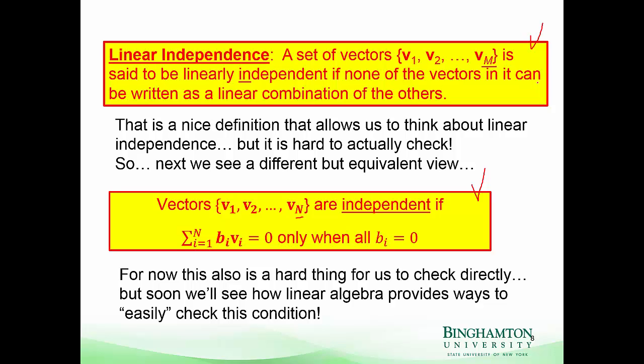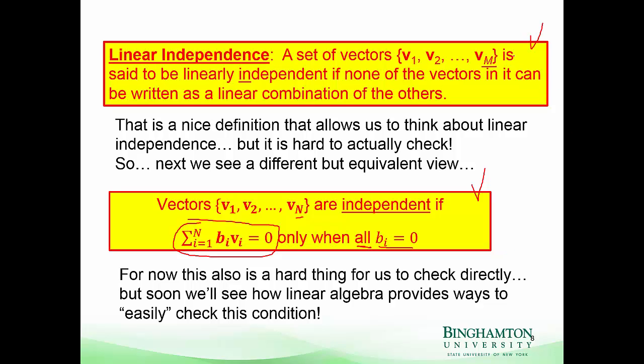They're independent if the only way I can make the linear combination be equal to 0 is by setting all the coefficients in their weight to 0. Now that's the real firm way to define linear independence, and that's the thing that we're going to be referring back to.